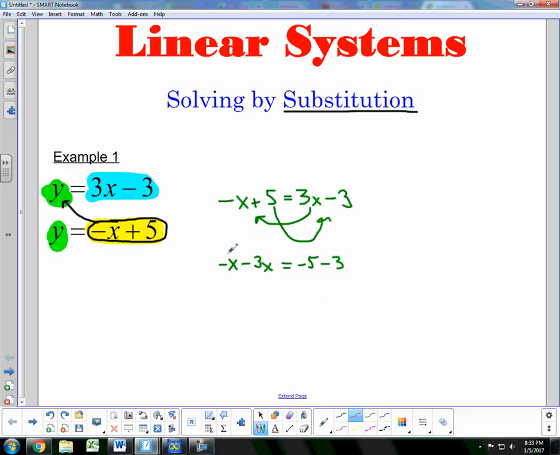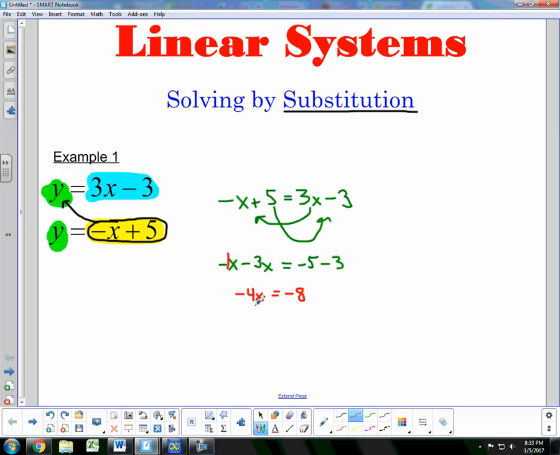Remember, this is a -1 in front of that x. Sometimes it's nice to draw that in. And you can have -1. Since these are both x's, you can combine them. -1 minus 3. You can use a calculator for that or do that mentally, either way, but that's -4x equals -5 minus 3. That makes -8.